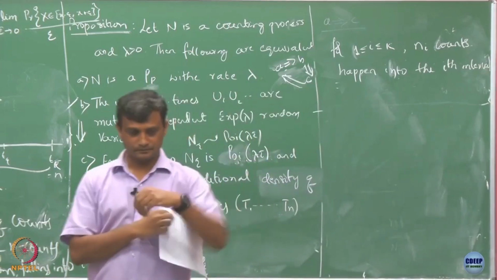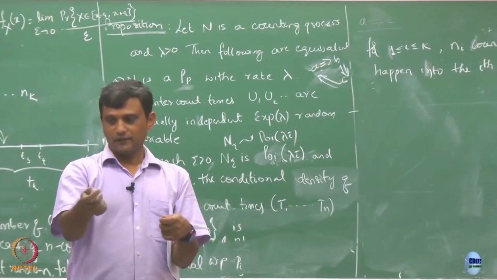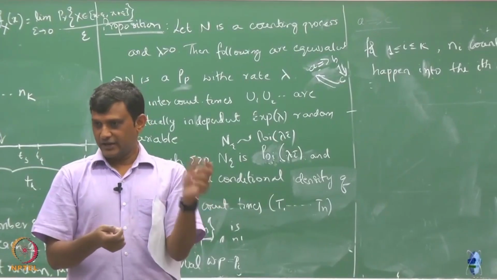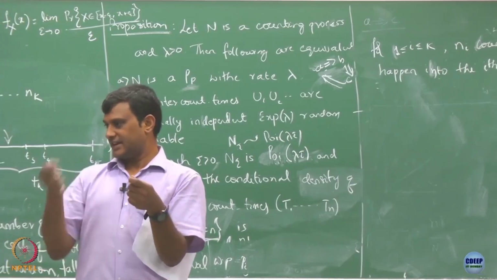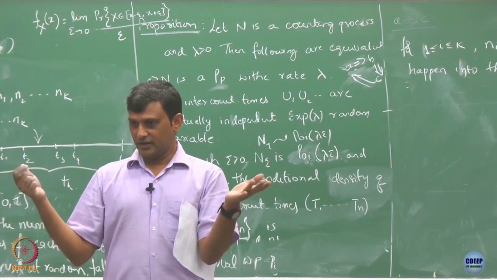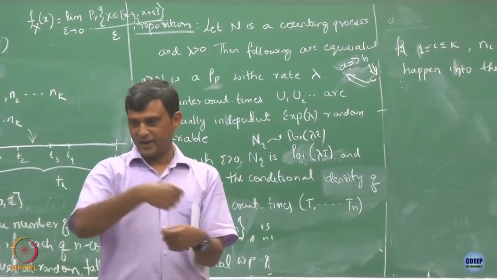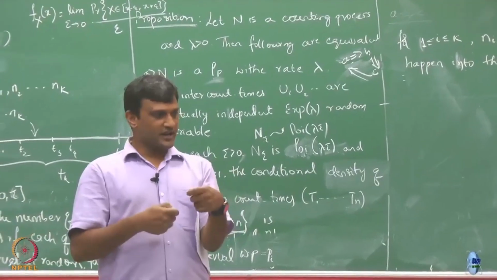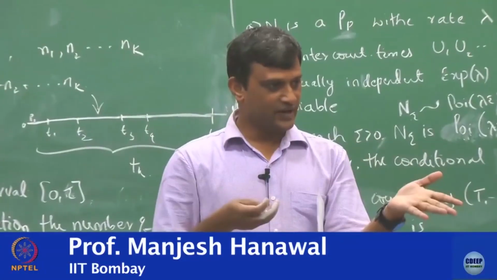If I have n objects and I throw them, n1 of them go into the first interval, n2 of them go into the second interval, and nk of them go into the kth interval. What is that probability going to be? I am choosing each one of the objects independently and just throwing. Every time I throw, the probability that it is going to fall in the ith interval is pi, which is independent of the others.